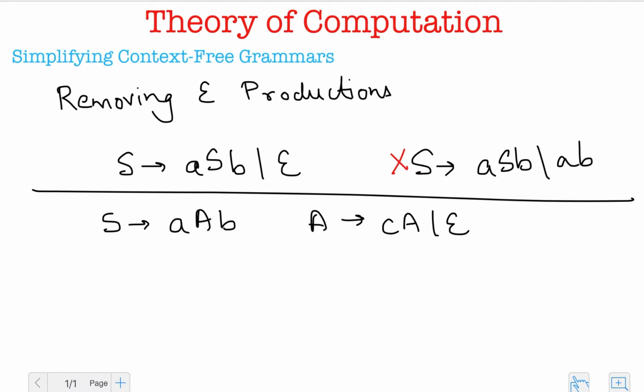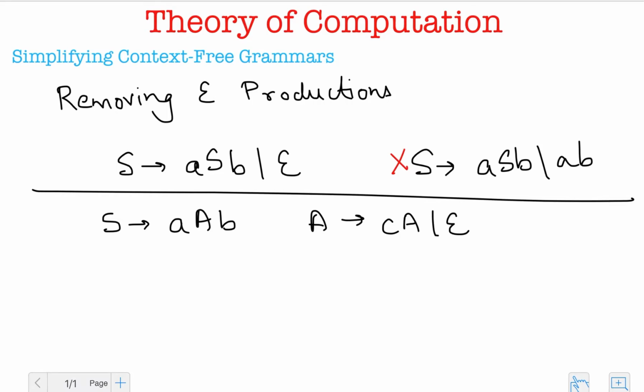So what I do is I need to remove it from the A production as well, but it will also change my S production, and the reason is because I have an A here. So what we are doing is we are saying, what if this A itself goes to epsilon?